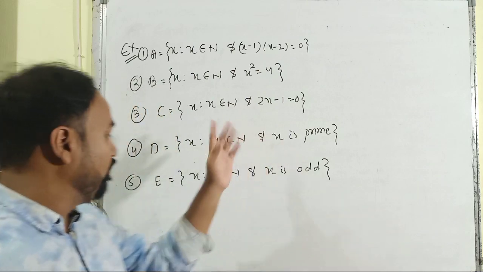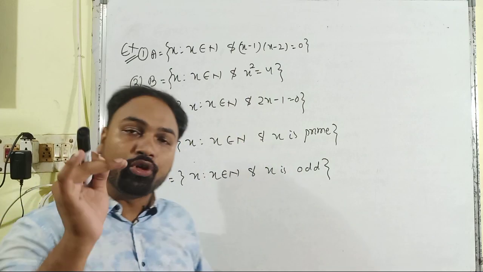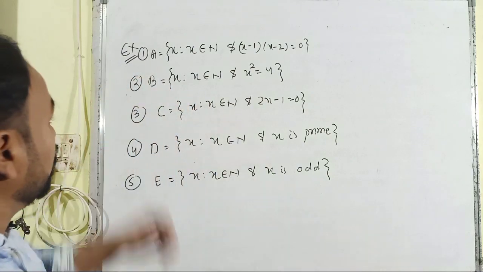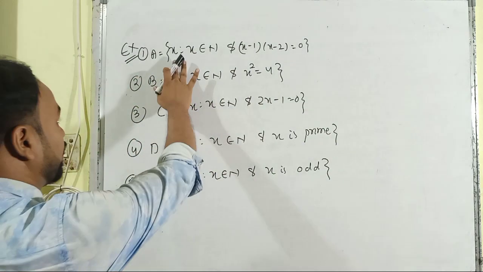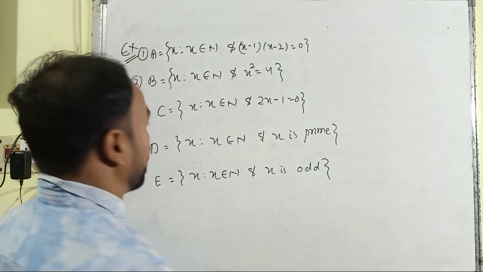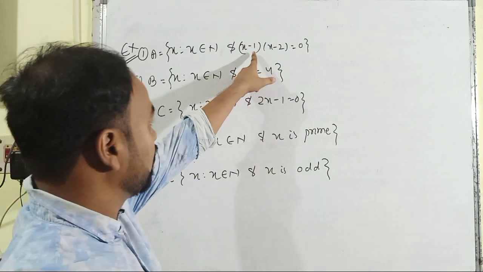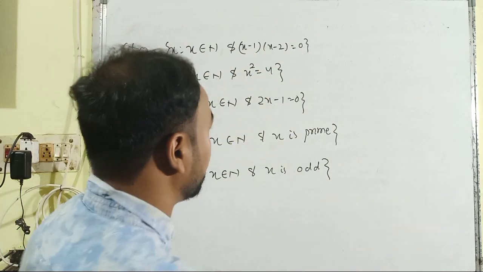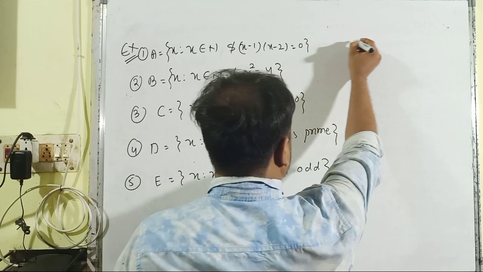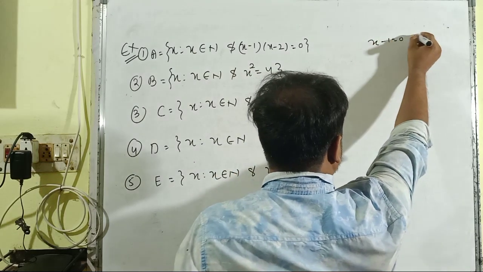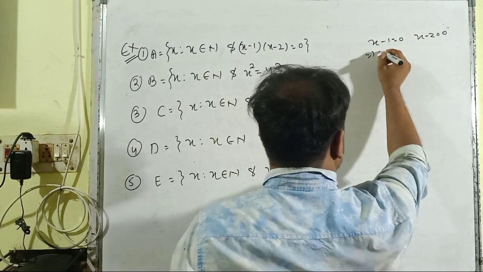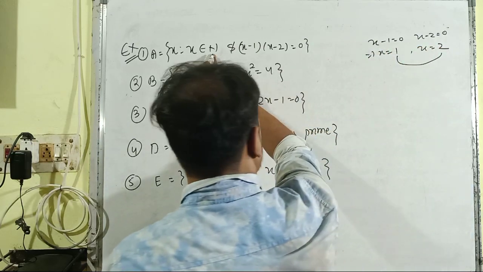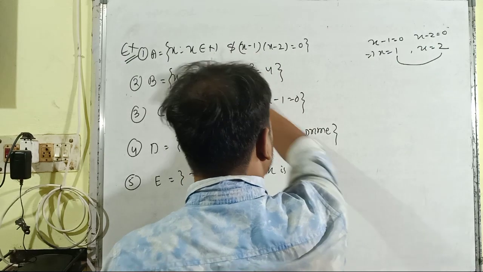So here I have taken 5 examples, and we have to determine which type of set each one is. The first set is given as x such that x belongs to N, the set of natural numbers, and the second condition is (x minus 1)(x minus 2) equals 0. That means x minus 1 equals 0 and x minus 2 equals 0, so x equals 1 and x equals 2. Both of them are natural numbers, so they satisfy both conditions.